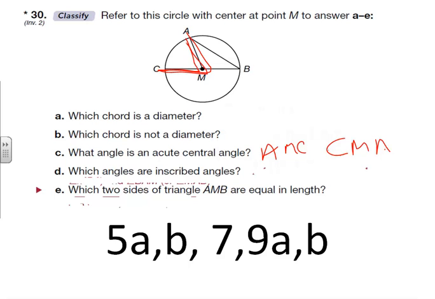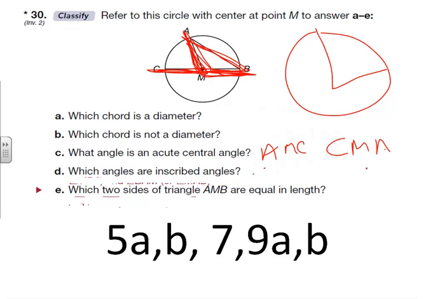And which angles are inscribed angles that are found inside of the circle? You've got ABC, that big one right there, and you also have this one here, AMB or BMA. Those are both inscribed inside of the circle. The other one was like this.